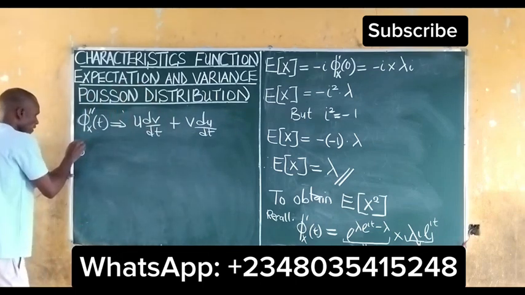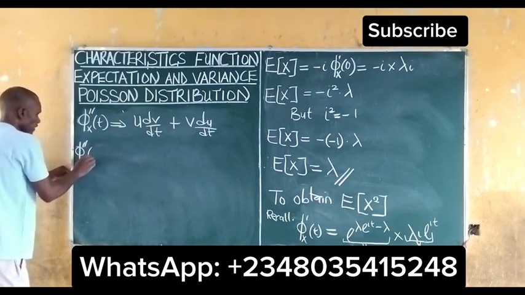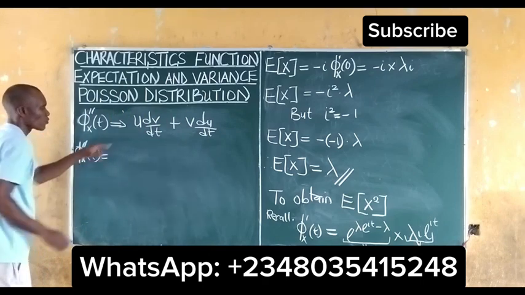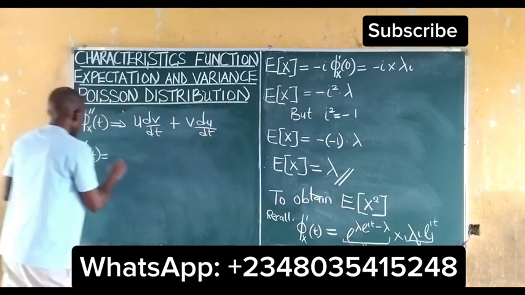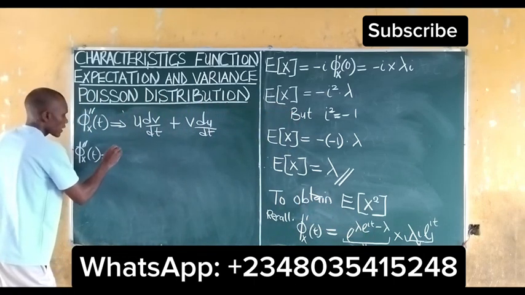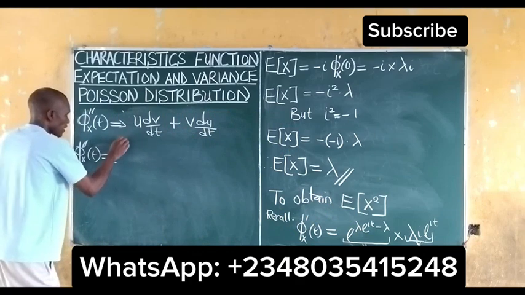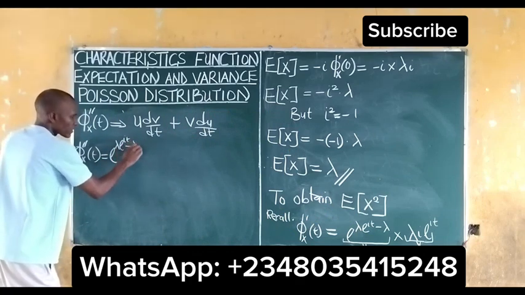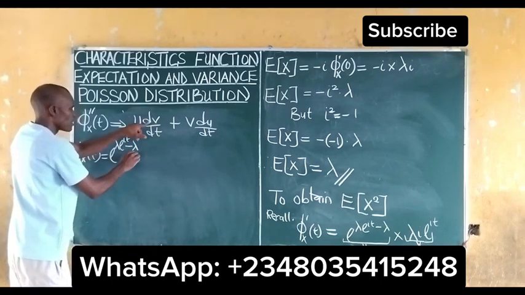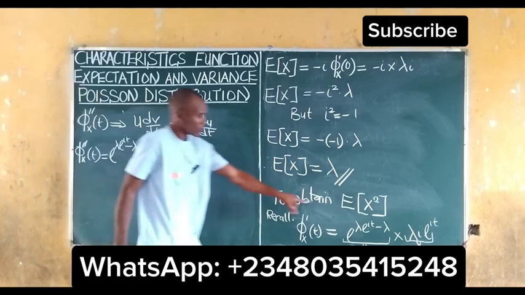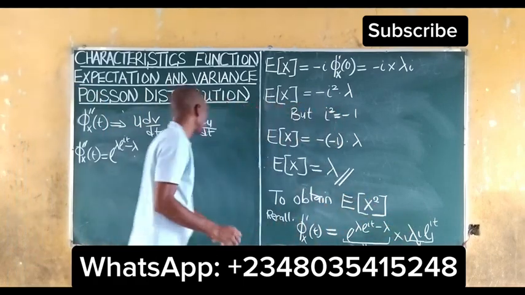So, our characteristic function for the second derivative will be equal to u. U is the whole of this function, so we have u to be exponential lambda e^(it) minus lambda, multiplied by dv over dt. So we differentiate this, dv over dt.